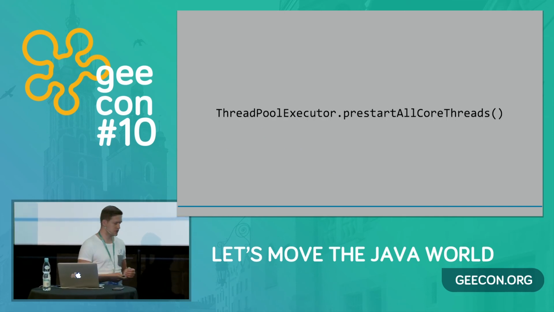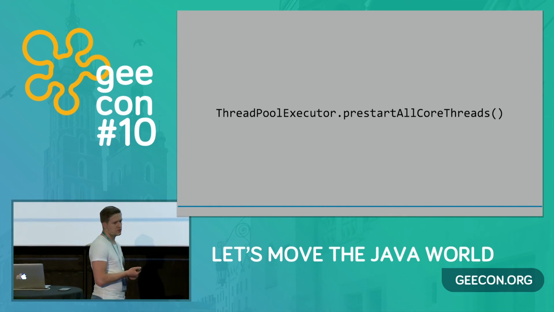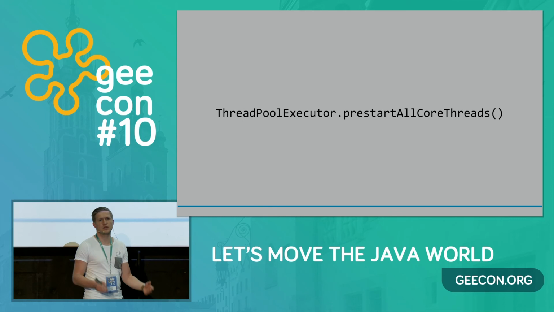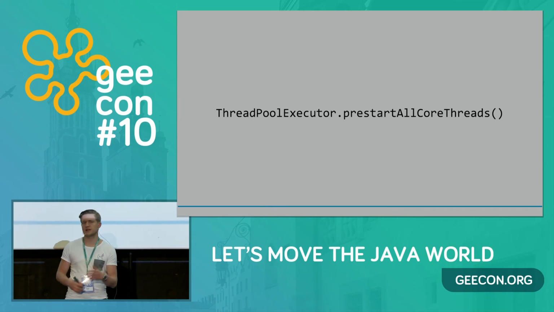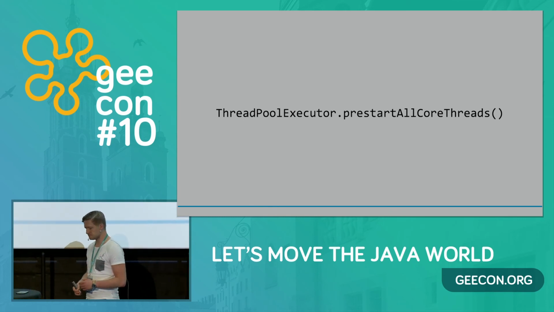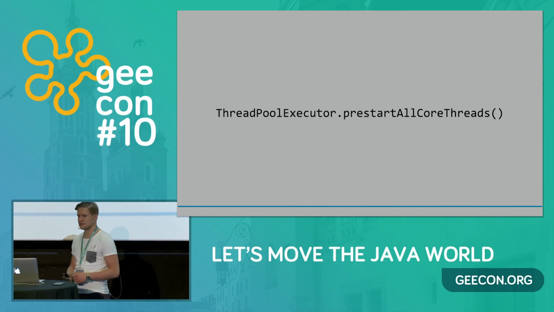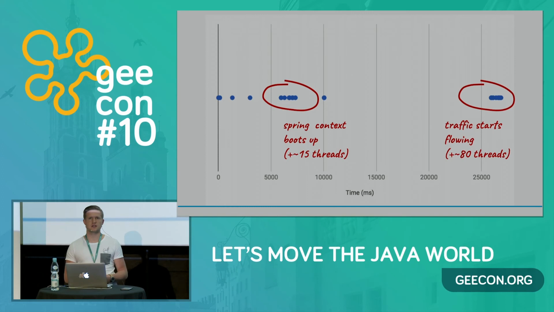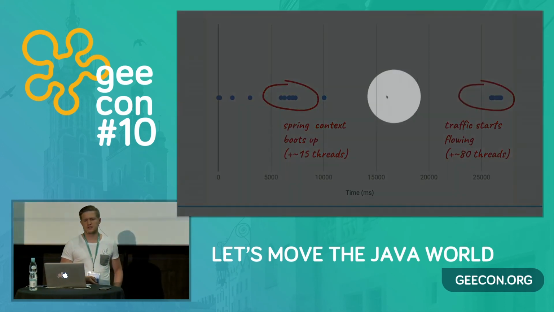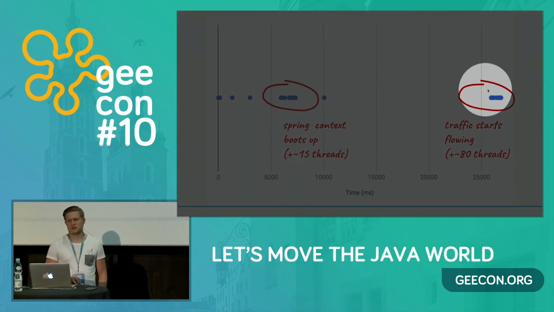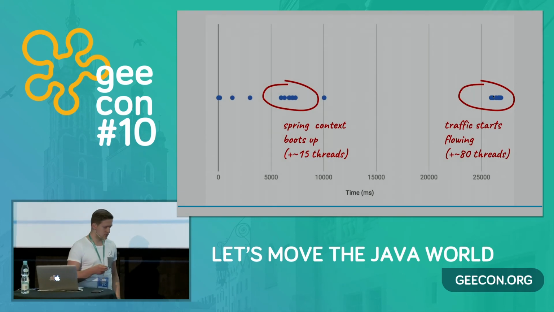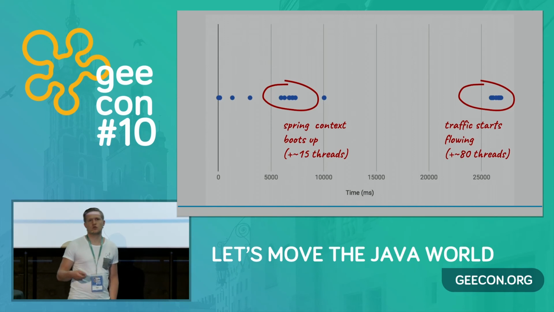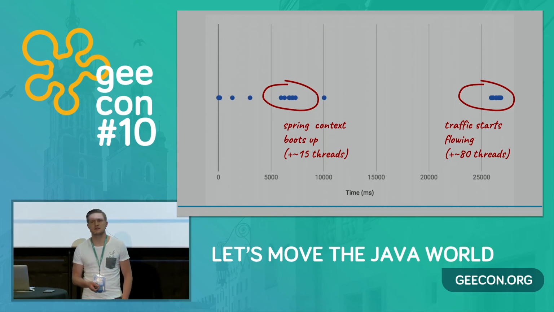We can force our thread pool to do this by using the prestartAllCoreThreads method, which will actually start all the threads as soon as the thread pool is ready. So what happened here is that even though the Spring context and HTTP server and everything was ready at the 7-second mark, the thread pools were of like 0 or 1 in size.